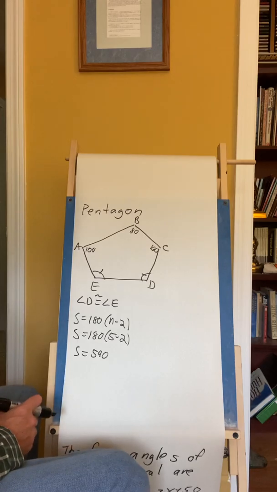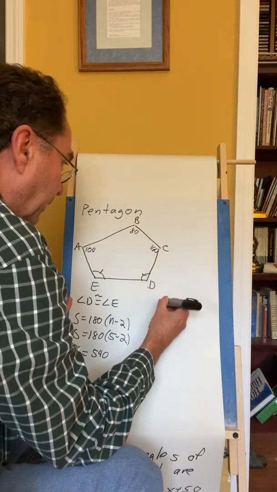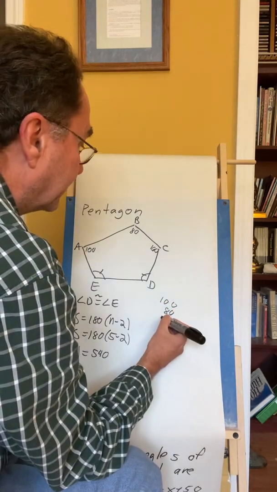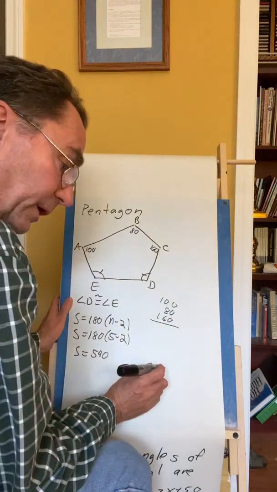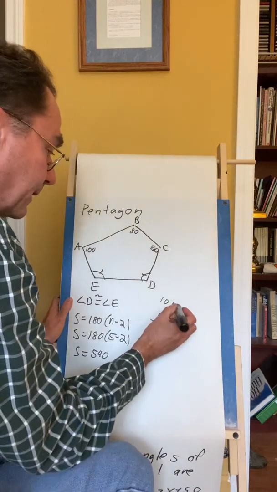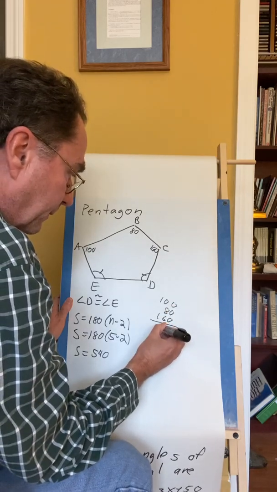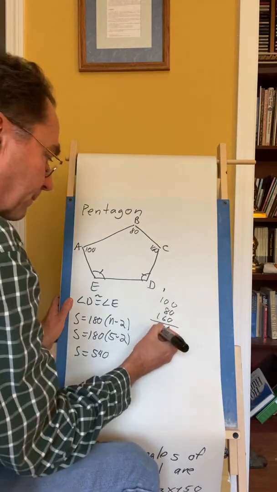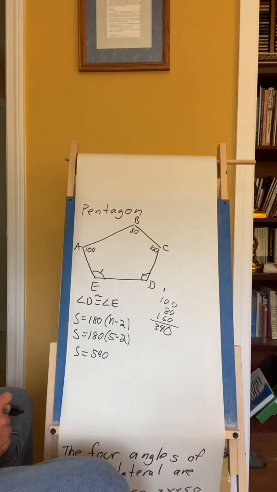540. So what do we do? We add up the 3 that we know. Let's add up 100, 80, and 160. And what do we get when we add them up? So the three known angles add up to 340.